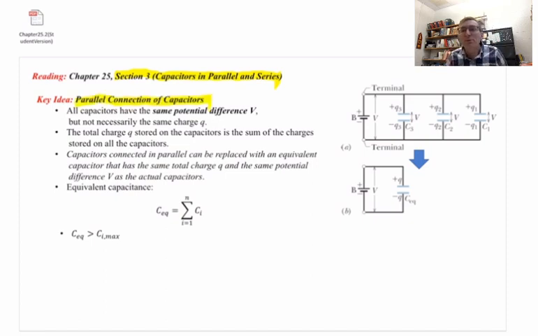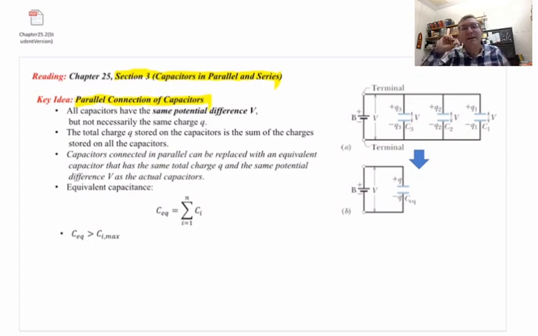And we're going to talk about what kind of connection that is in terms of a circuit by using a circuit diagram. A diagram that represents capacitors and a battery that we will use to charge the capacitors. The first image on the right is a circuit that shows three capacitors connected in parallel to a single battery.